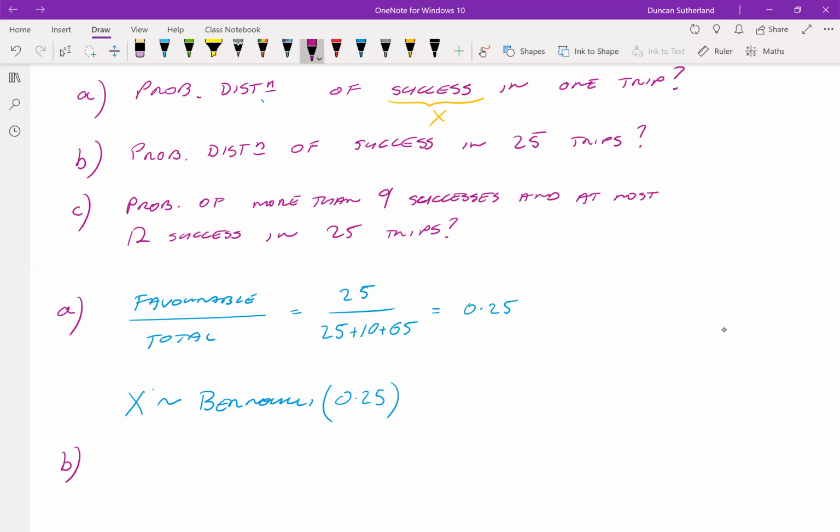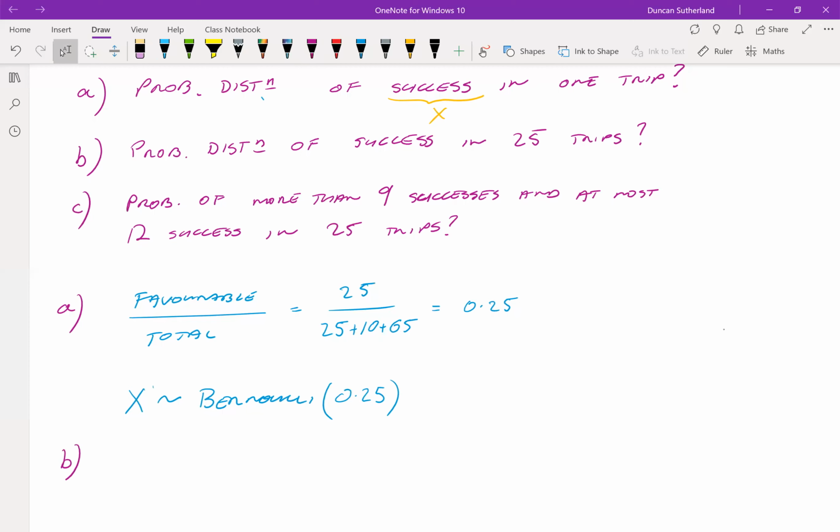The next thing we're asked about is extending the Bernoulli trials to 25 times. So obviously, if you've got success and failure, which is a Bernoulli trial, a repeated Bernoulli trial has a binomial distribution. A binomial distribution has two parameters, the number of times and the probability of success.